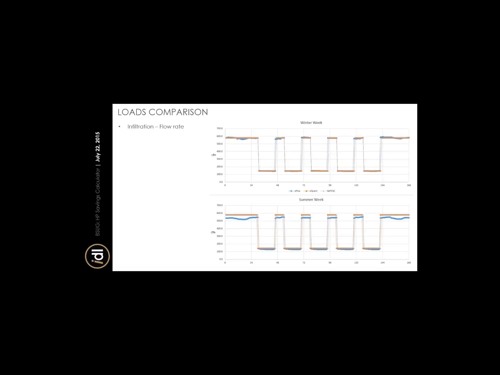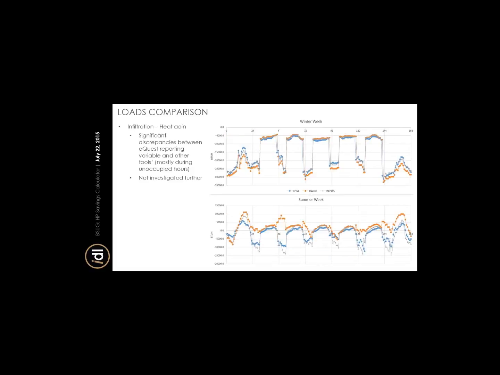I first charted out the flow rate just to make sure we were on board. It's pretty simple there. You can see the EnergyPlus is more detailed than the other tools, as you're getting some variation there. But then the heat gain rates vary pretty significantly for infiltration.